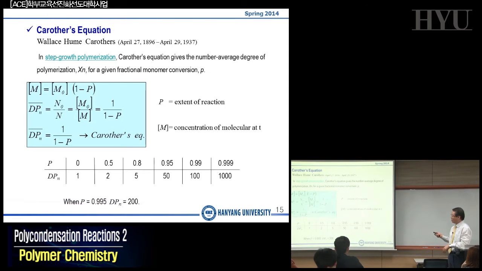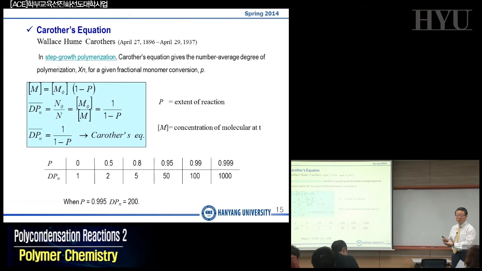But before we go to the next slide, last time I have emphasized that the degree of polymerization around 200 will be regarded as a polymer that imparts enough or sufficient mechanical properties of your polymeric systems, right? So around 200 of DPn, then your molecular weight is high enough to give you a polymeric system.